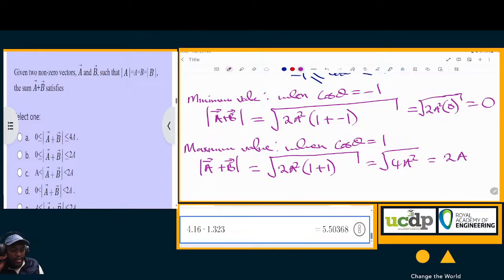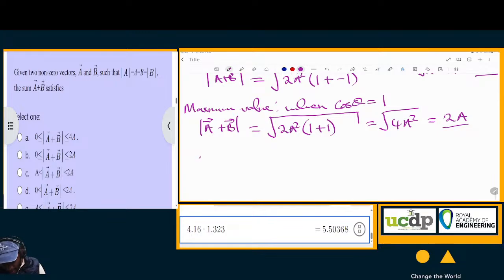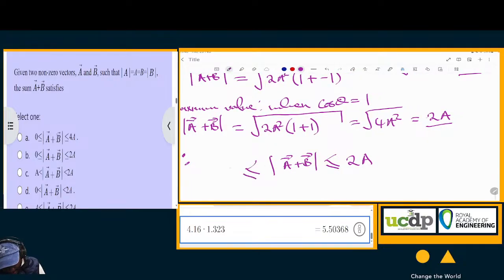So when you look at the range of values for this summation, it will be greater than or equal to 0, but less than or equal to 2A, which is our maximum value. Therefore, the magnitude of the summation of vector A and vector B is less than or equal to 2A, the maximum value, and greater than or equal to 0.